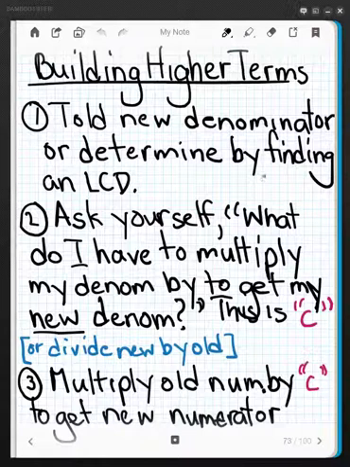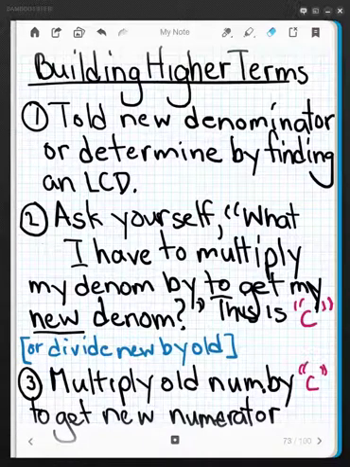So building higher terms goes like this. You're either told what the new denominator is, or you determine it by finding the LCD. Then you ask yourself, what do I have to multiply my denominator by in order to get my new denominator?